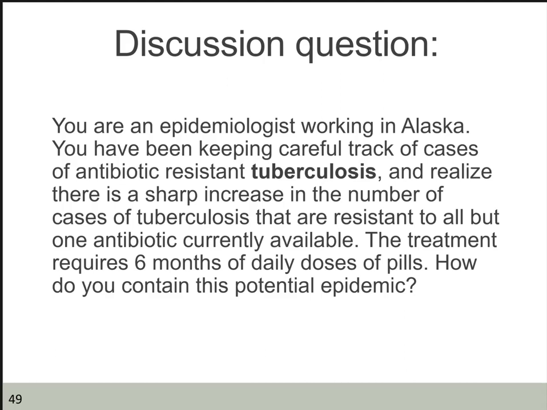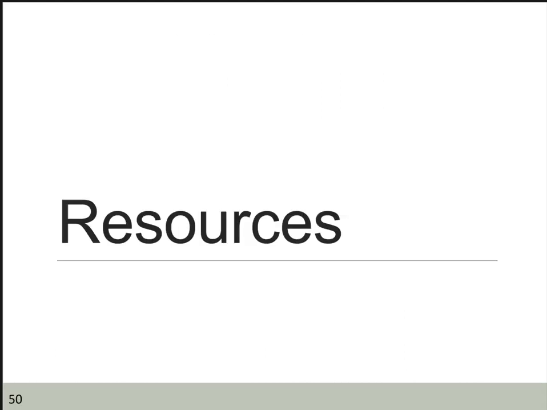So different states can handle this differently. There's no one answer. There might be one answer that's better than others. It might be more effective to have somebody quarantined or to have somebody take medication in the presence of a nurse at all times. But there's no one way to handle this policy question.